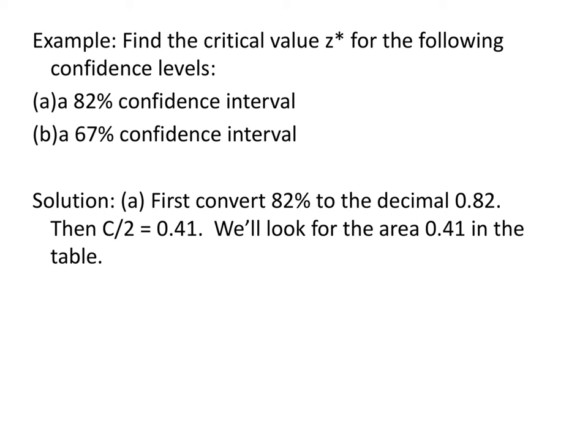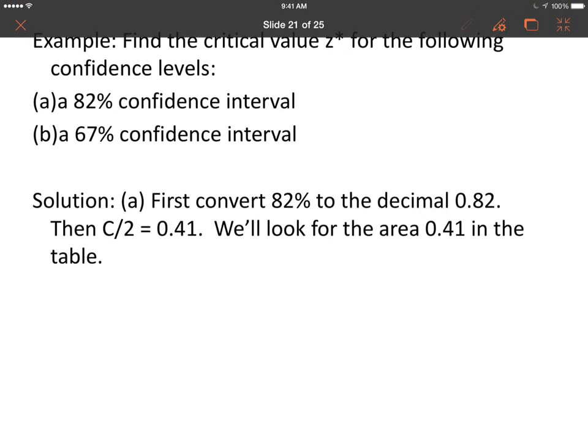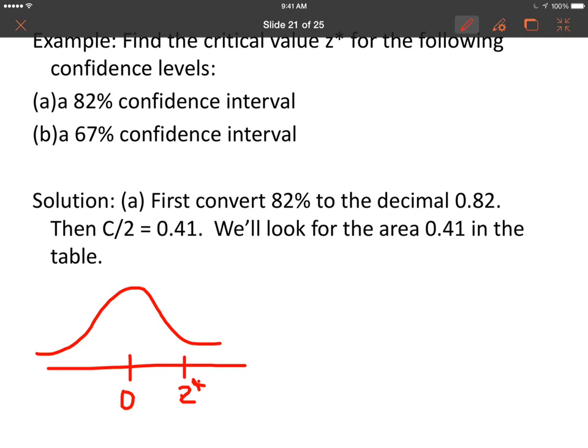So let's try an example. Suppose I want an 82% confidence interval. So I'm going to look at my table now for the area closest to 0.82 divided by 2, so 0.41.